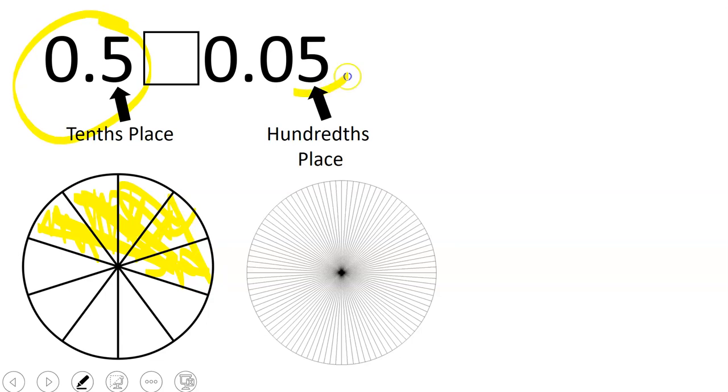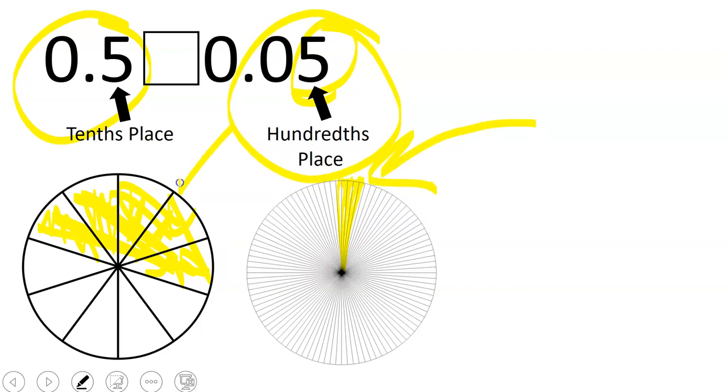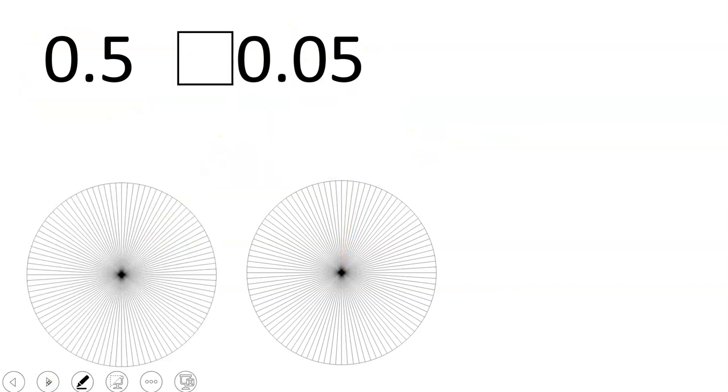Now over here, 5/100ths is 100, 200, 300, 400, 500. I tried to do my best at coloring 500. So you can see that this is much smaller than this, or you could say that 5/10ths is greater than 5/100ths.